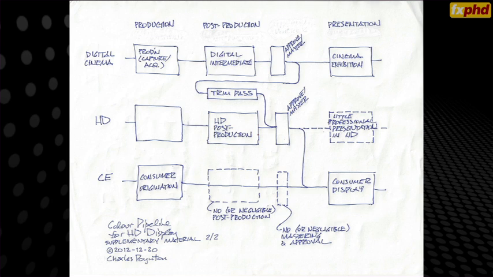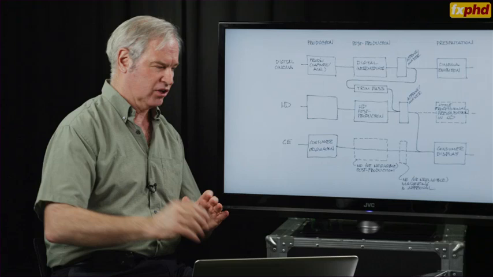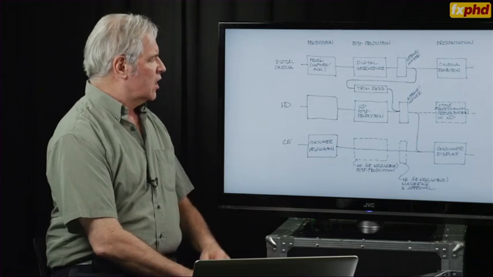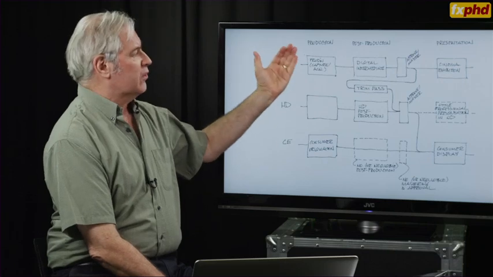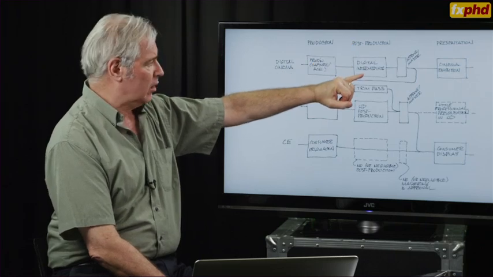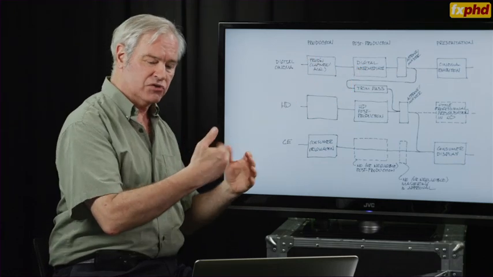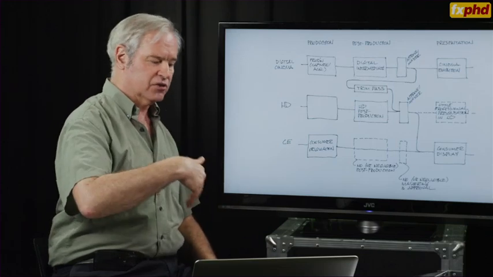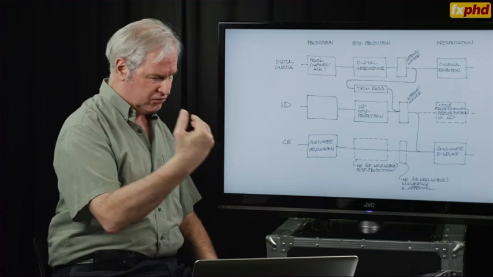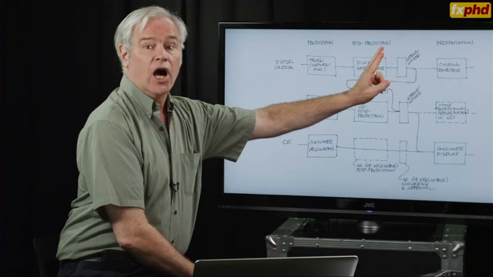So let's start with the digital cinema level, where production refers to what's taking place in the studio or on the set, basically capturing or acquisition of images. Those images are then handed over to the post-production process, which in cinema is more commonly called digital intermediate. And at some stage after the images are manipulated and composited and had VFX done and CGI, at some point those images are polished up and approved.